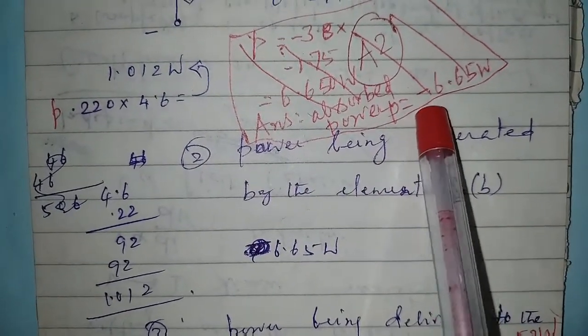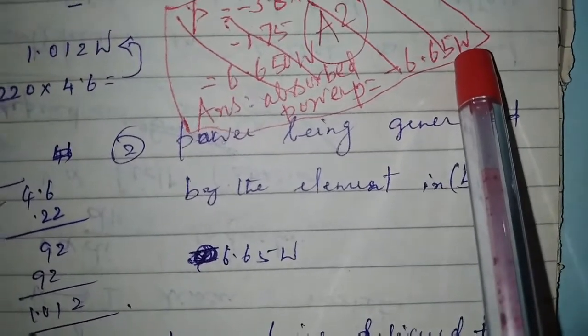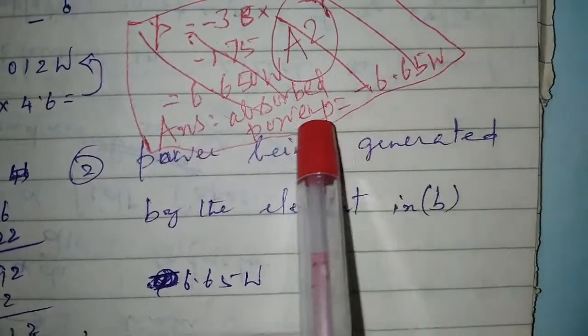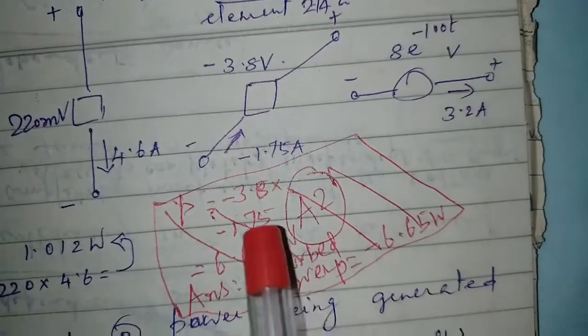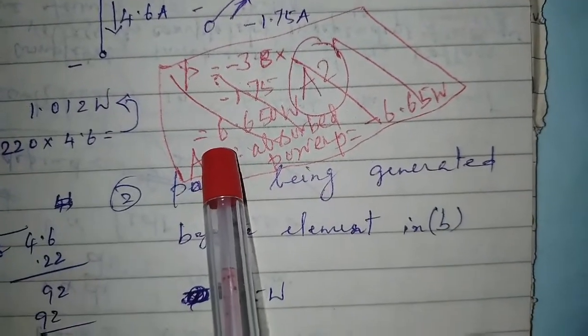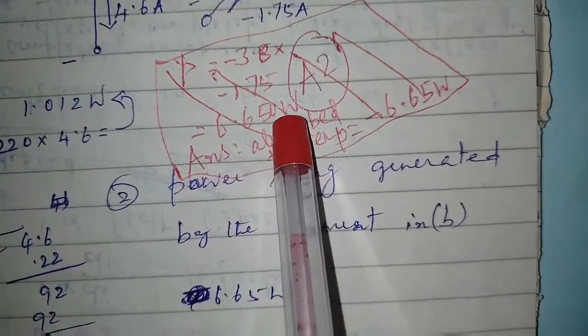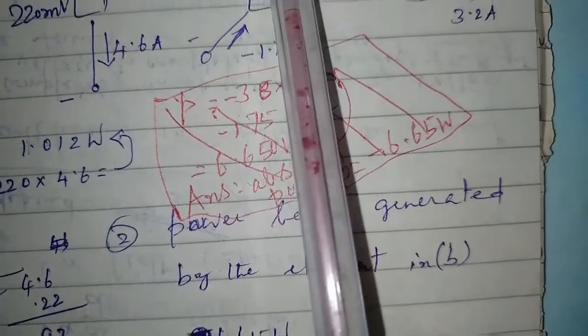The simple product, minus into minus, will give you positive 6.65 watts. But we are asked to find out the absorbed power.